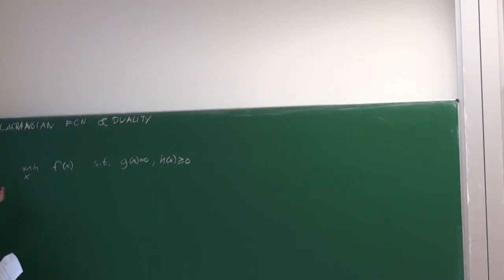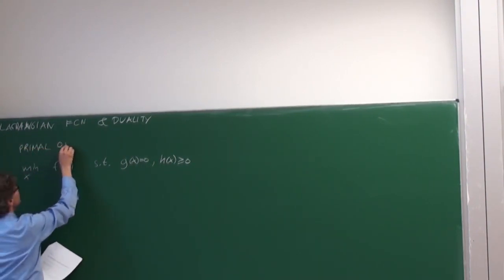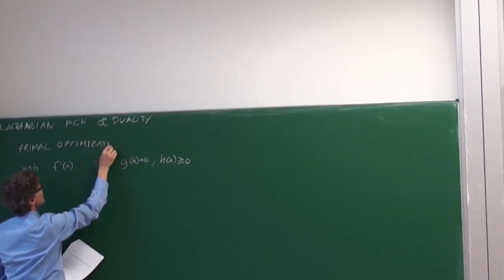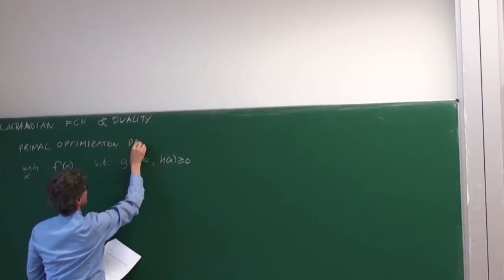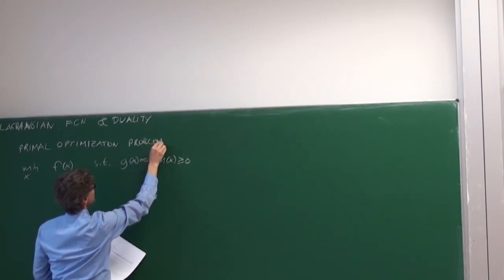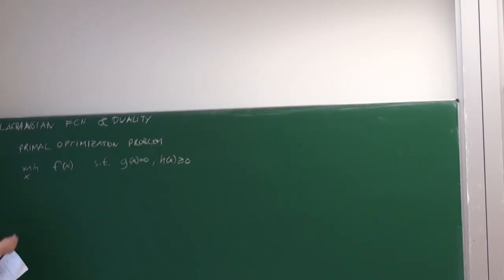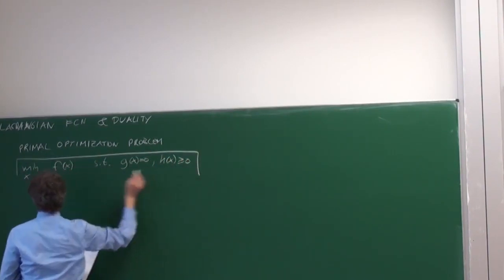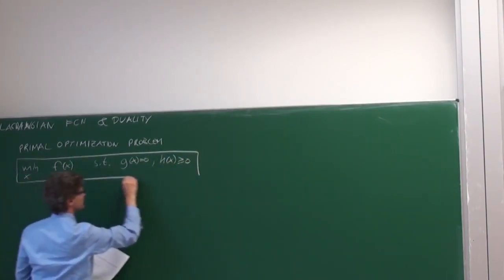And the only thing that we change is the name. We just call this now the primal optimization problem, because we want to find another problem which turns out to be based on the same data, but which will be called the dual.